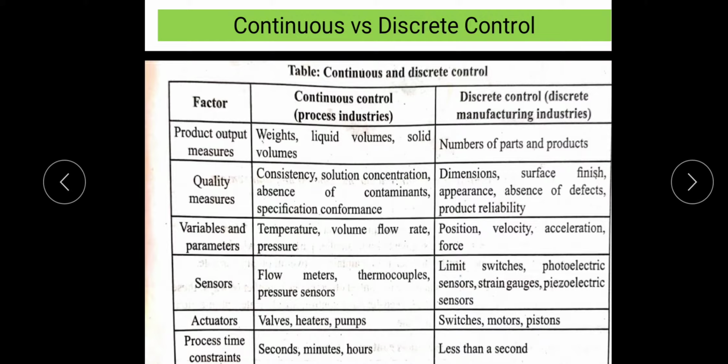In discrete control system: limit switches, photoelectric sensors, strain gauges, piezoelectric sensors. In actuators for the continuous control process: valves, heaters, and pumps. For discrete control system: switches, motors, and pistons. Process time and constraints. In continuous control process: seconds, minutes, and hours. In discrete control: less than a second.